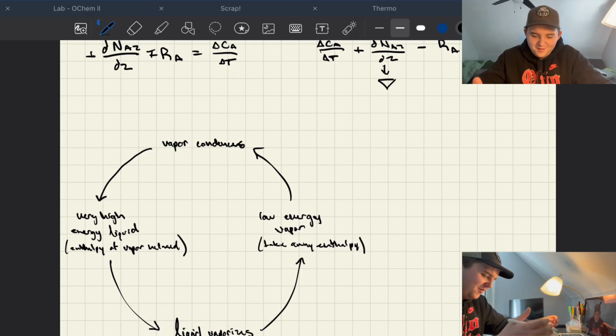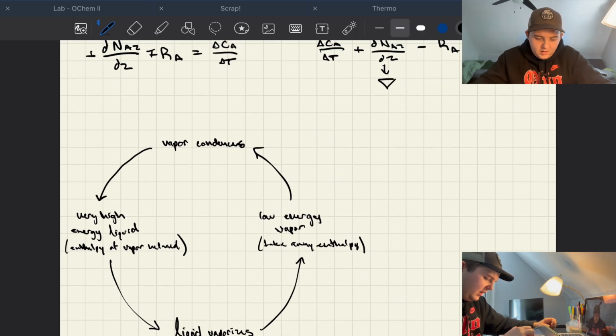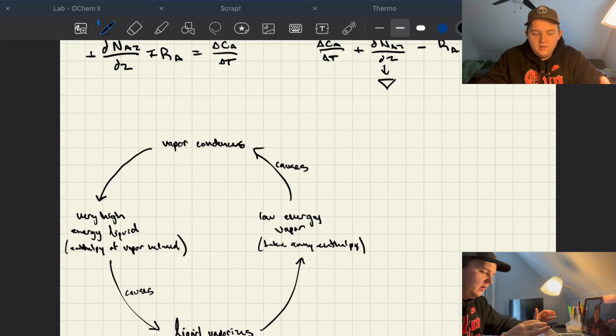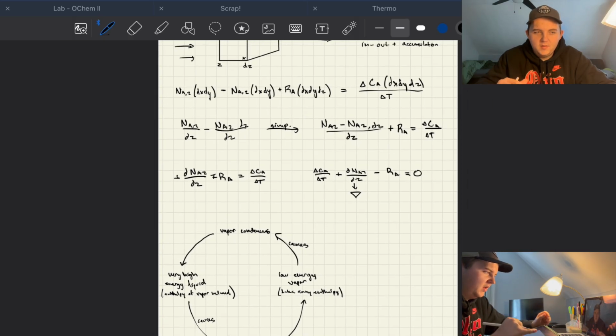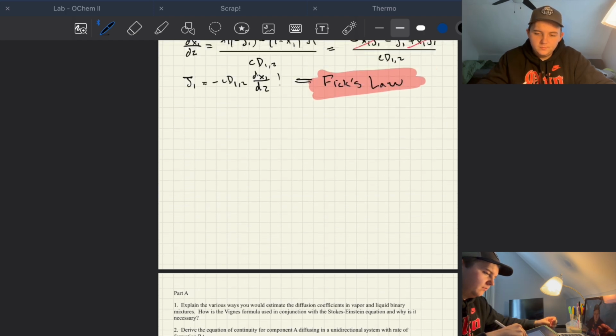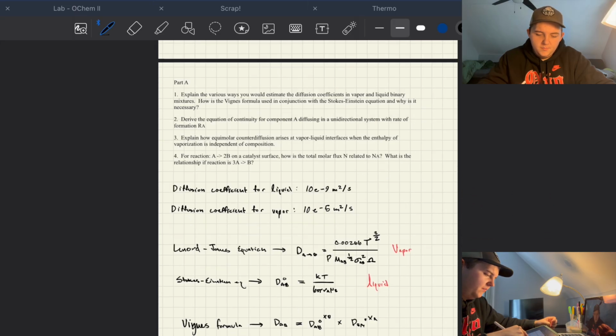That shows that the buildup of one thing causes the other, and it happens in a similar ratio. So that shows how equimolar counterdiffusion arises at vapor-liquid interfaces.